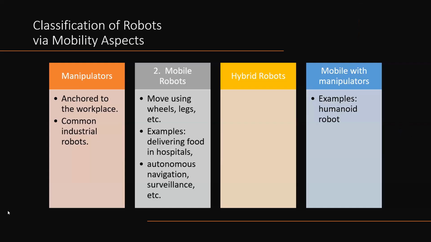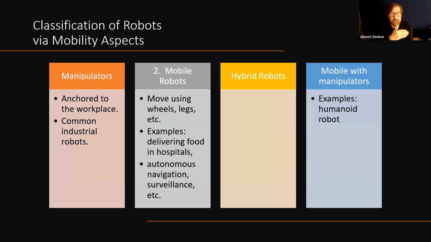Hocam, I couldn't quite get the difference between mobile robots and hybrid robots. Okay, a mobile robot can just move, but does not have a manipulator, for instance, an arm. For instance, an autonomous car is a mobile robot because it doesn't have a manipulator attached to its body.